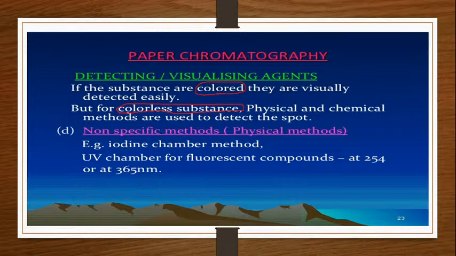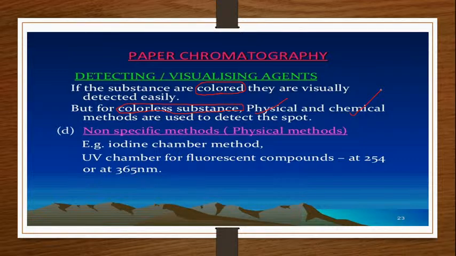It depends upon what you are going to measure. If you are going to measure physical characteristics, then it is a physical method, and if you are going to measure the chemical interaction of the visualizing agent with your substance, then it is called a chemical method.